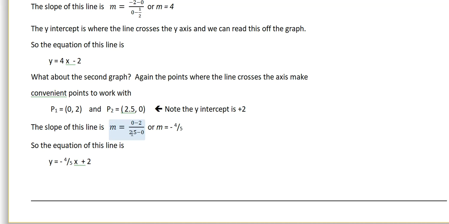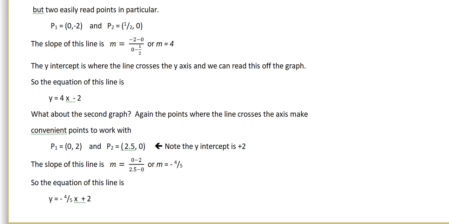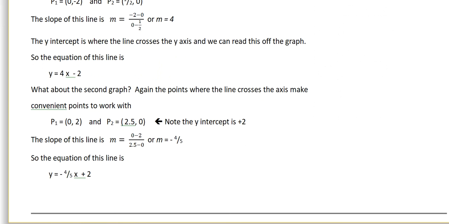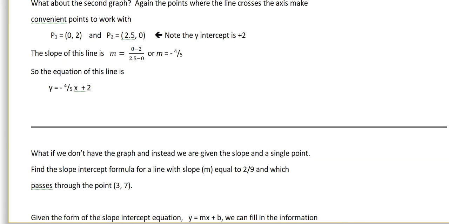We have a negative numerator, but a positive denominator. We're going to end up with a slope that's actually negative, so this is -4/5, and we bring that to some standard form there. That's exactly what we expect. A downward sloping line is going to have a negative slope. So we see that the equation of our line is y equals -4/5 x plus 2.